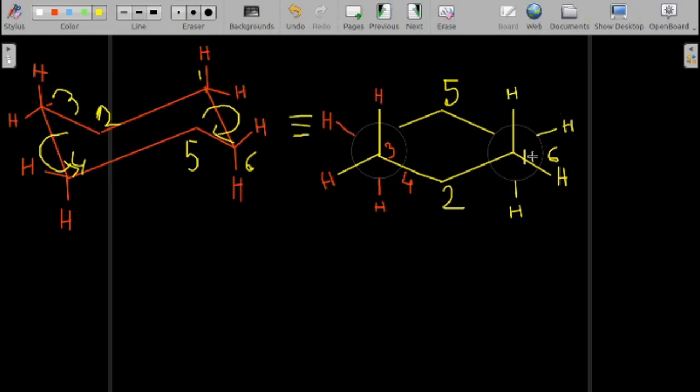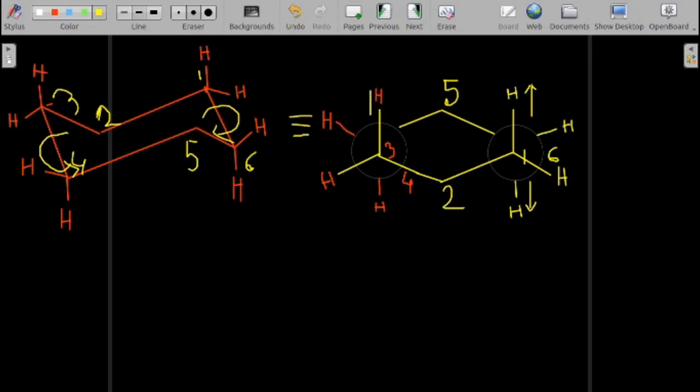You can see that here all the hydrogens are in the staggered position. That is, this hydrogen is at the staggered position. All the bonds are at the staggered position. So there will be no torsional strain present in this conformation, as well as here, all the bonds are in the staggered position.